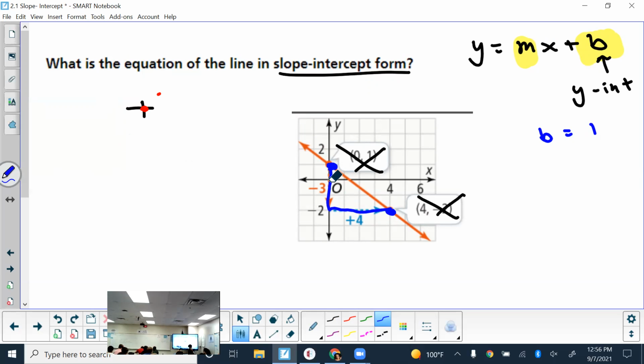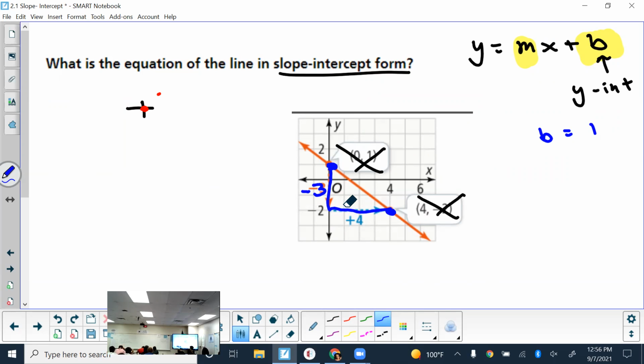I'm going down 1, 2, 3. And since I'm going down to go from this point to that point, is it going to be positive or negative 3? Negative. It's like when you're reading a book from left to right. I have to go down 3, so it's going to be negative 3 to get to that one.